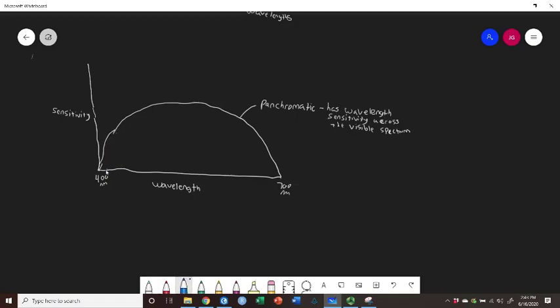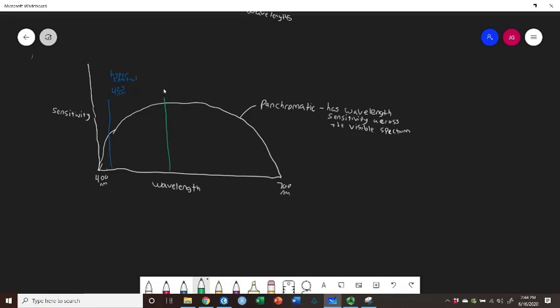So we may have one band that literally just measures, say, 425 nanometers. This would be hyperspectral. And in the green, it might be the same thing. We might just have one very narrow range.